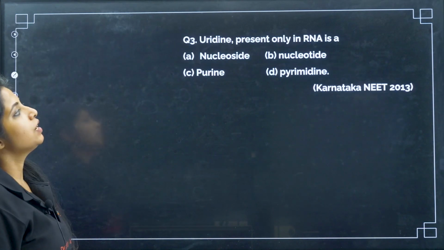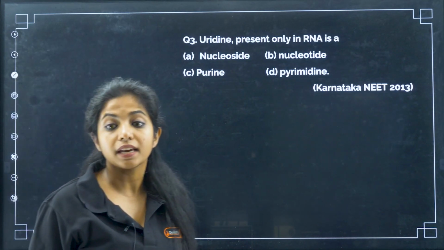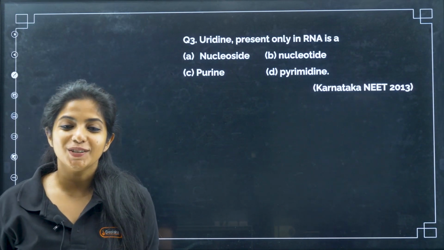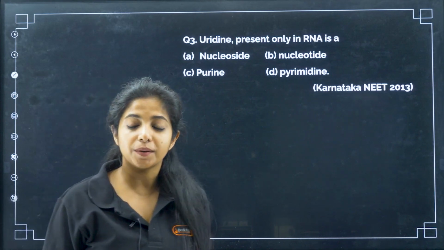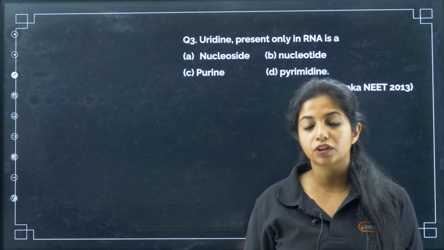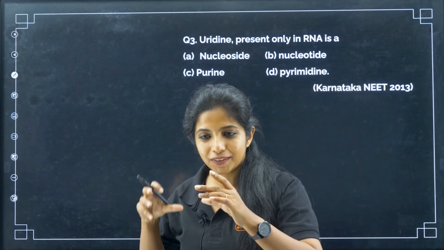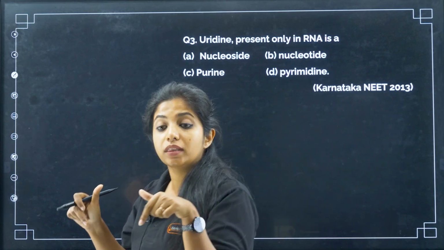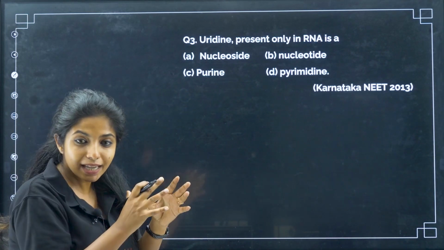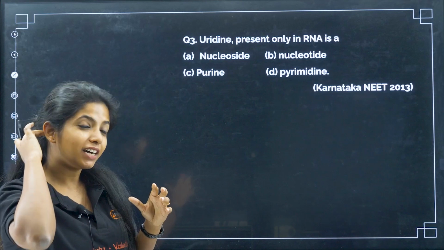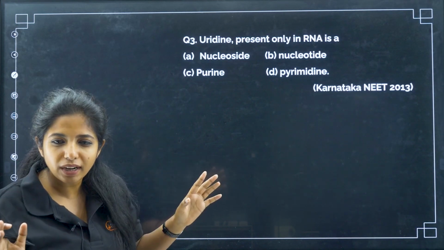Now, going ahead, uridine present only in RNA is what? Is a nucleoside, is a nucleotide, purine or pyrimidine. Uridine, my dear children, is basically when uracil binds with ribose sugar. Uracil is what? A nitrogen base that you only find in RNA.